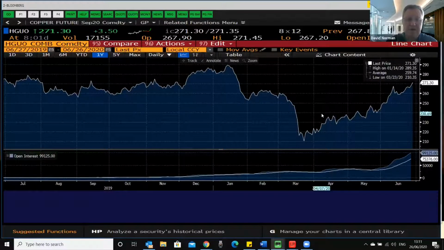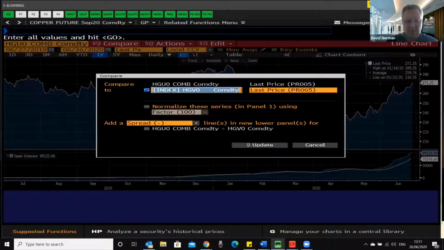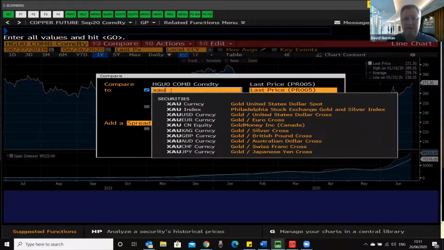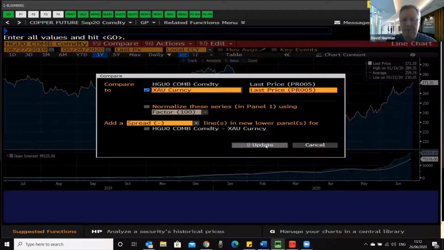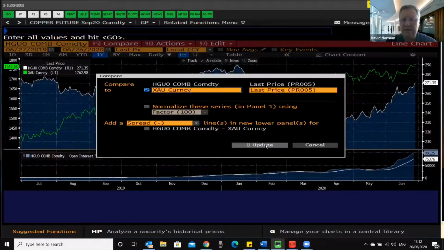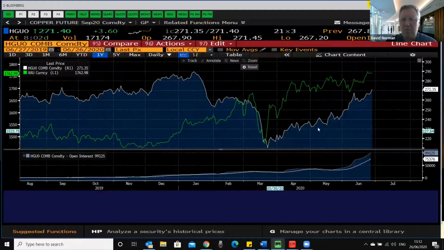And we can also do some comparisons. For example, there is one metal that is outperforming extremely strongly at the moment. And I don't think you'll be surprised when I put this one up, but it's the gold price. So if we put in gold against the US dollar here, you can see that gold is actually outperforming copper. So we know that gold is in demand currently as a safe haven asset.